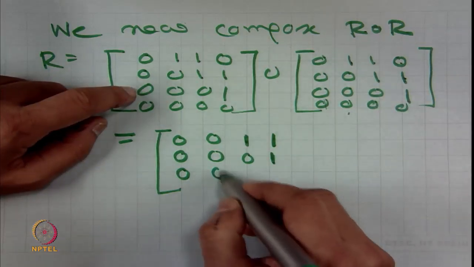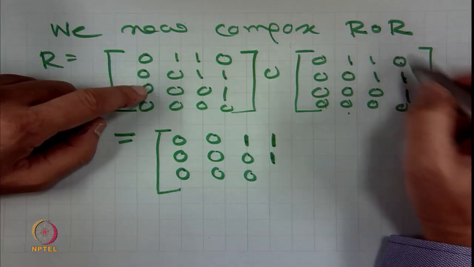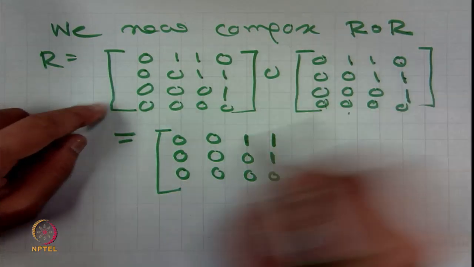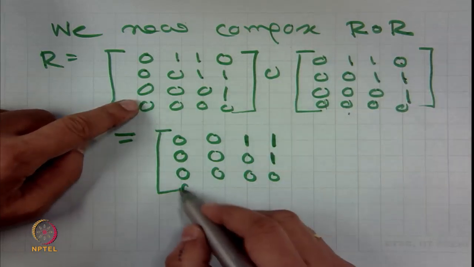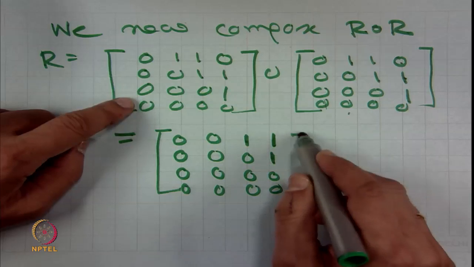This is all 0, this is all 0, and this is all 0, and 0 0 0 0.